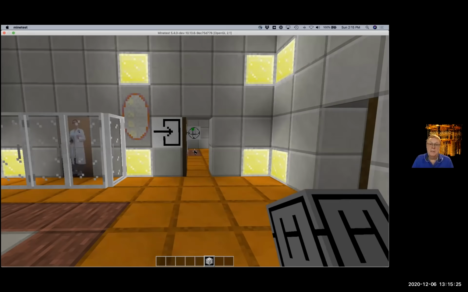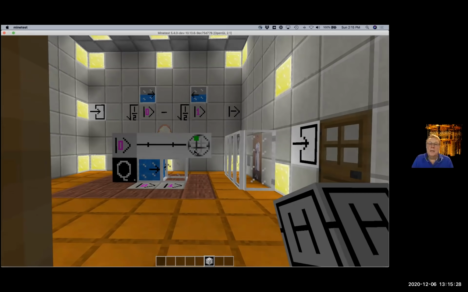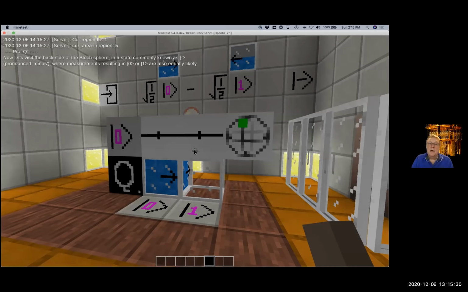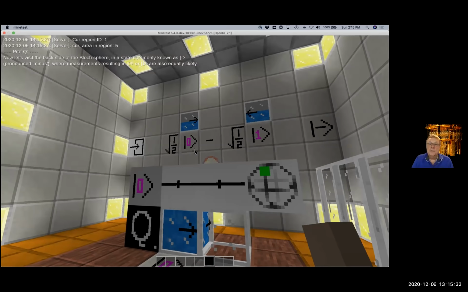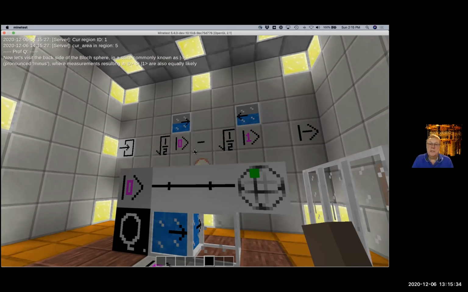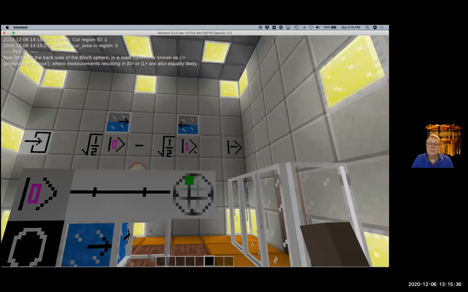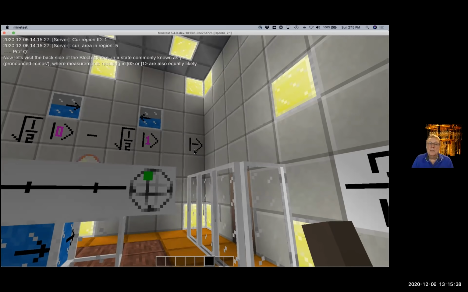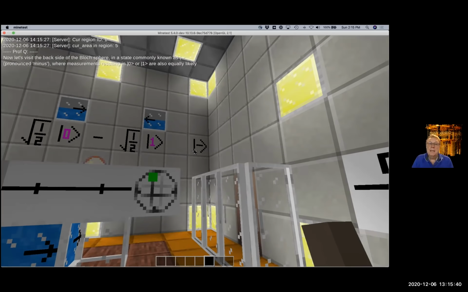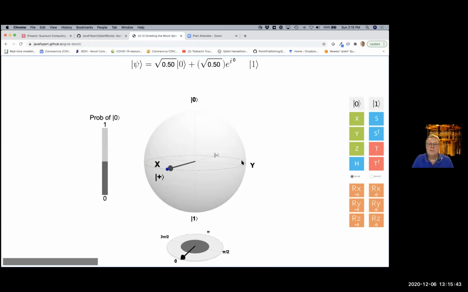I think I have time maybe for one more room here. And so now, instead of getting to an equal superposition at the plus state, it wants an equal superposition on the minus state. And you recall, that's on the back of the Bloch sphere here.